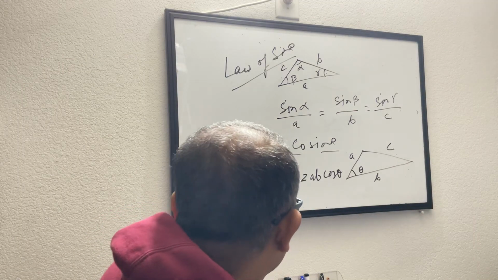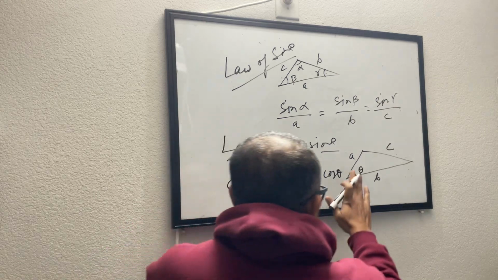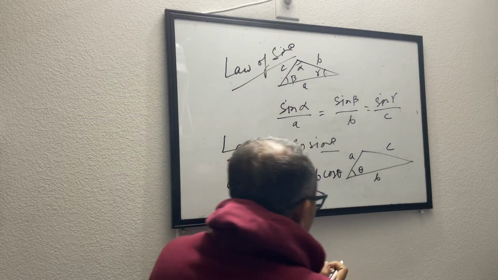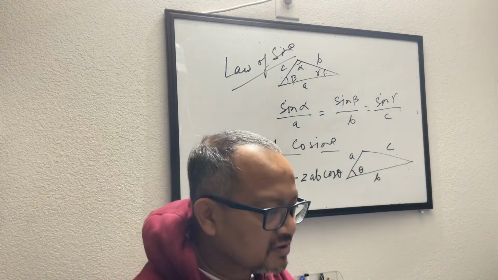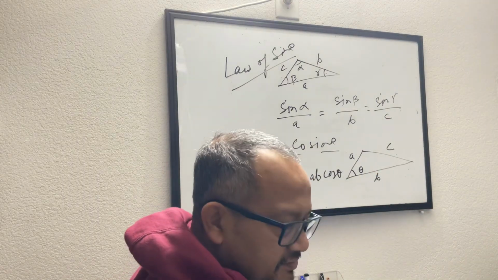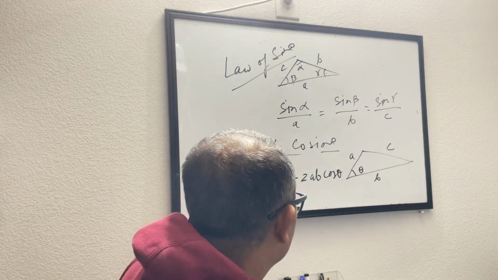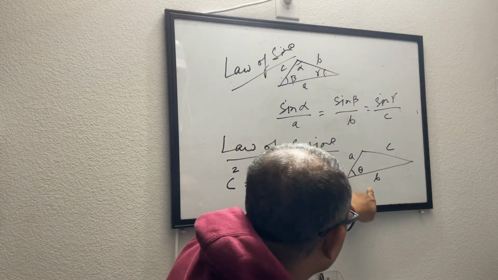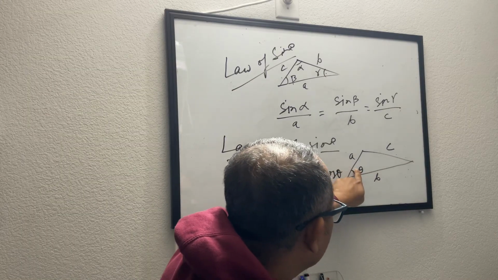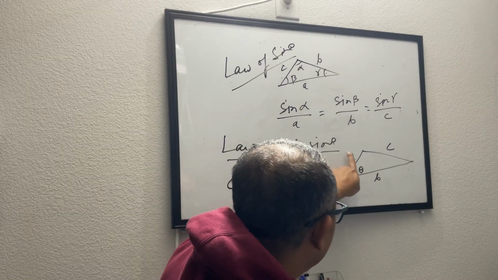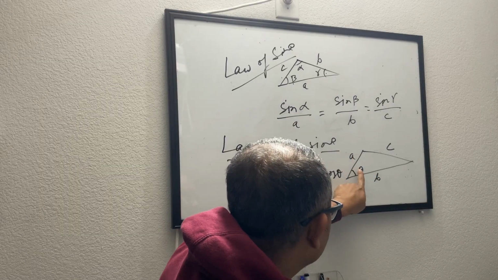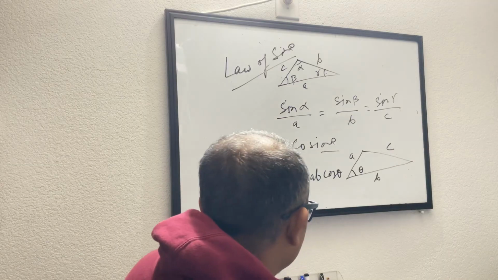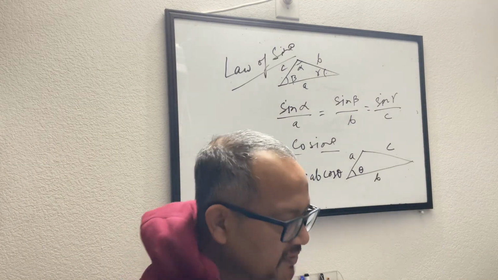So if you have these two sides known and the angle between them known, you can find out the length of the third side using this one. So c square equals a square plus b square minus 2 times a and b, the two known sides, and the cos of the theta between the two sides. It is multiplied by the cos theta.